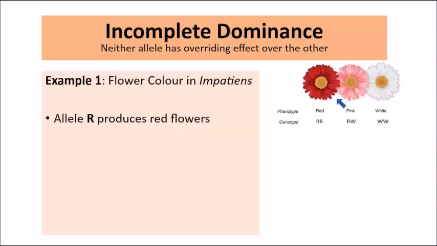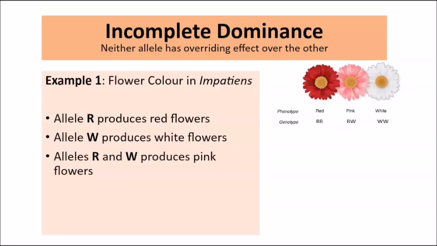Allele W will produce white flowers. So when you have two W's coming together, that would produce the phenotype of white flowers. When you have a combination of the R and the W alleles, that would produce a mixture of the red and the white, which produces pink flowers.